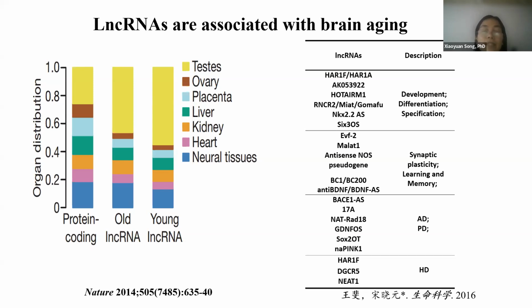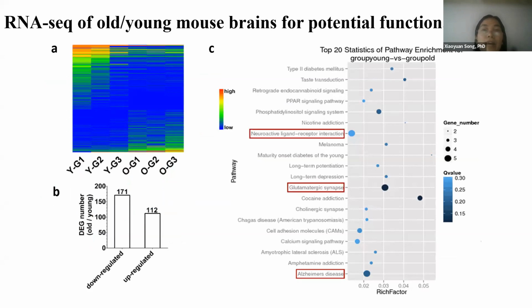Next, please. We aim to find potentially functional non-coding RNAs in brain aging, and we start with RNA-seq of old and young mouse brains. This RNA-seq reveals some upregulated and downregulated transcripts, including some non-coding RNAs, and GO analysis shows they are related to neuron function and neurodegenerative diseases. So that makes sense. Next, please.